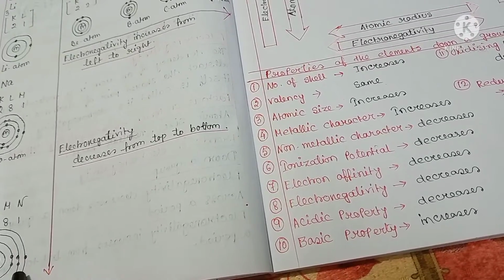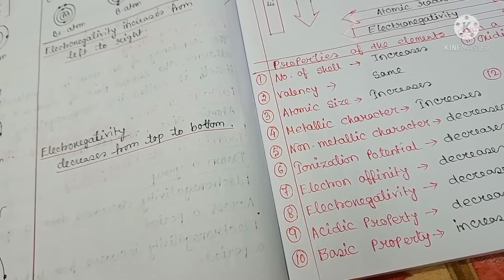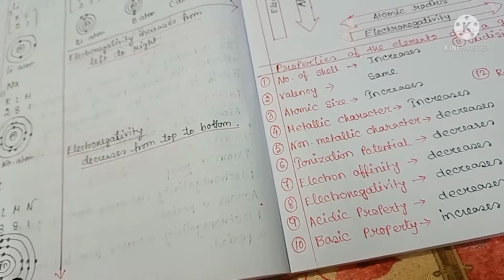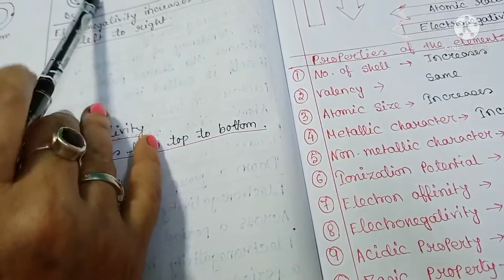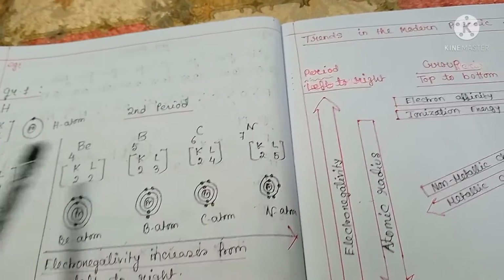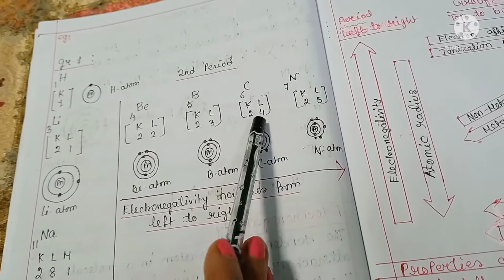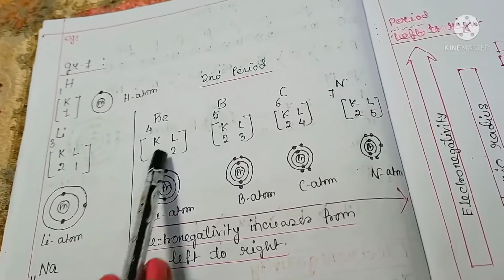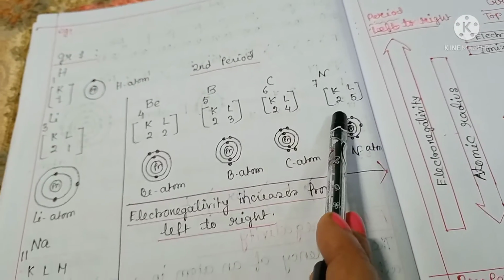So, down a group with increasing atomic number, size increases and effective nuclear attraction decreases, and electronegativity also decreases. Now across a period, see second period elements, from lithium to nitrogen, with increasing atomic number, electrons are added in the same shell.